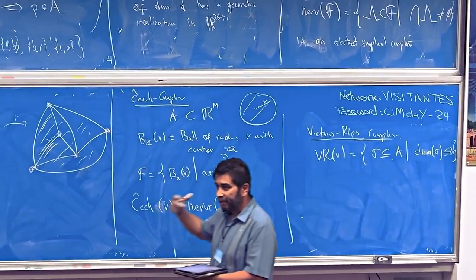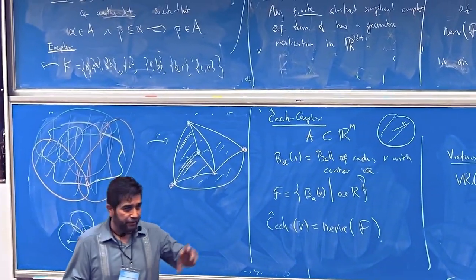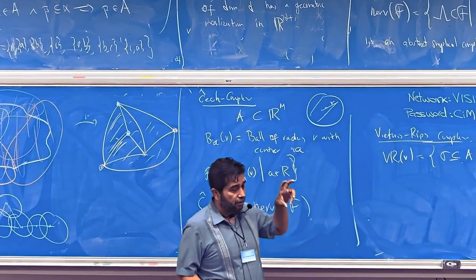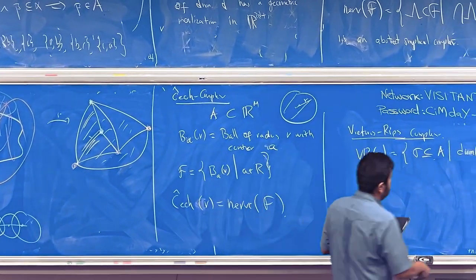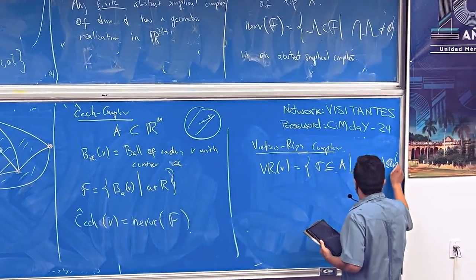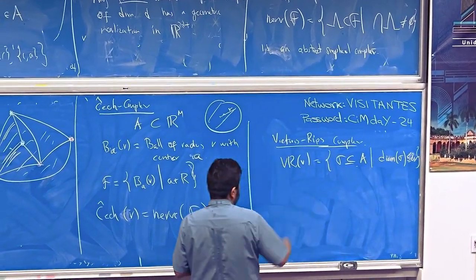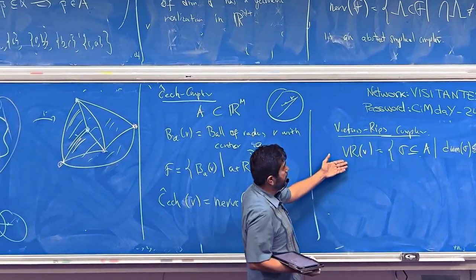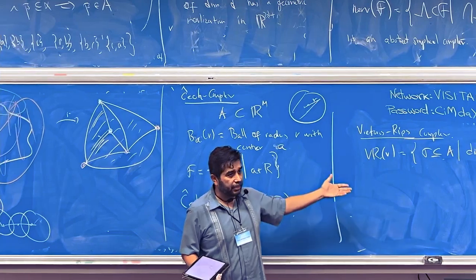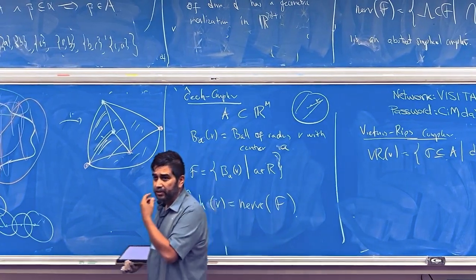So all the sets of vertices whose diameter is at most 2r. So this is also an abstract simplicial complex, and that gives you a simplicial complex structure.